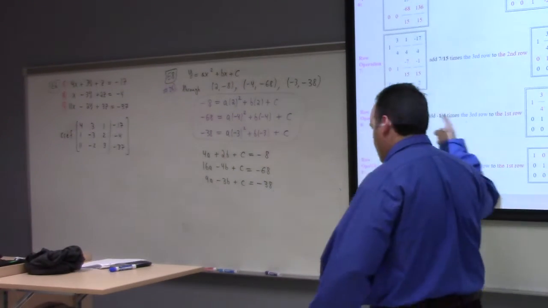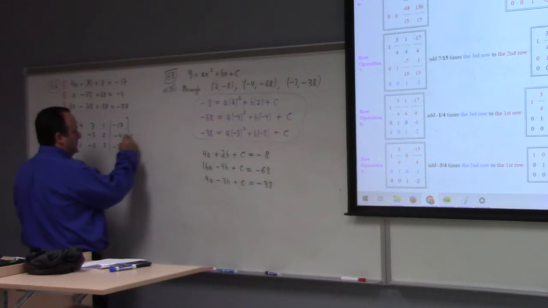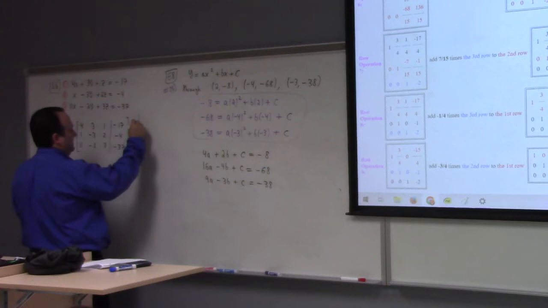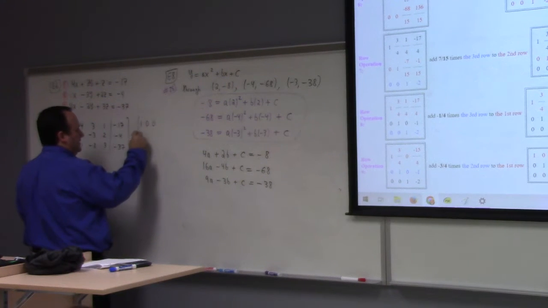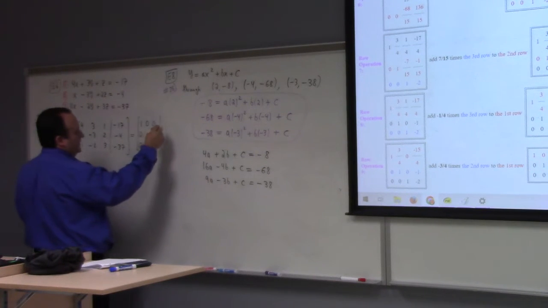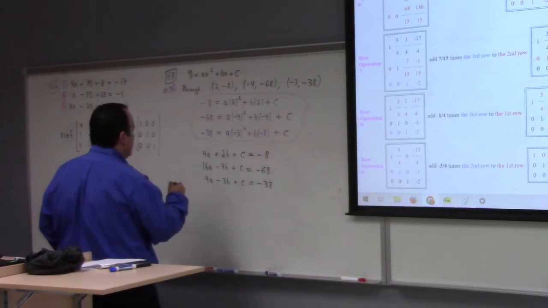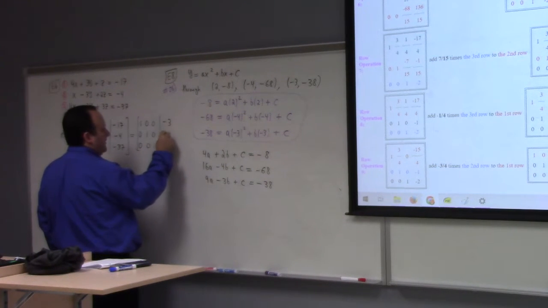This website calculates the reduced row echelon form, which is a fancy way of saying the nice stair-step matrix. Over here we got minus 3, minus 1, minus 2.